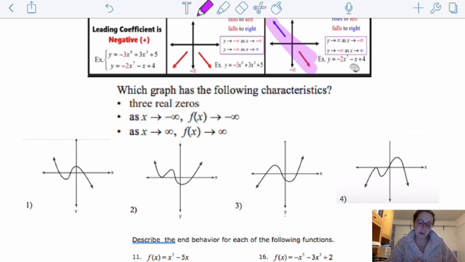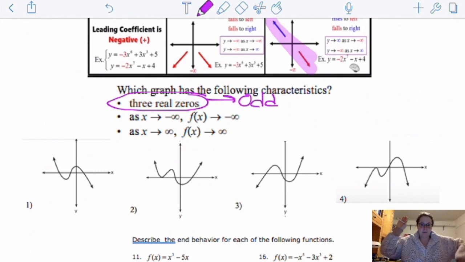So let's start with this one. Which graph has the following characteristics? 3 real zeros. So that means we should have 3 spots where it hits the axis, or a multiplicity of 2 at one of them, okay? And this also tells me that it's odd. So I'm going to go through and eliminate any that have even end behavior. Odd means you should have opposites, right?